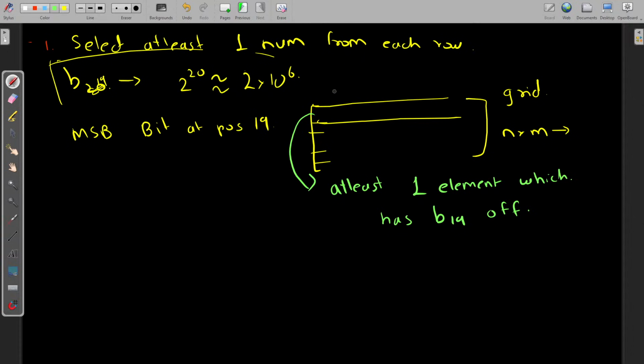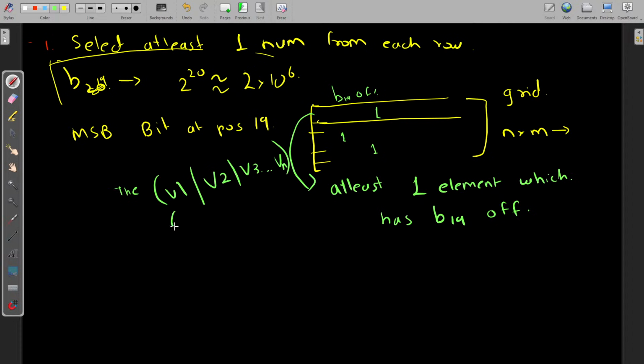If there exists one element which has B19 off in this row, in this row also, and in this row also, so in total, in each row there exists one element where the bit at position 19 is off, then and only then the overall bitwise OR will have it off. Let's say we have values V1, the OR of this with V2, the OR of this with V3, till Vn.